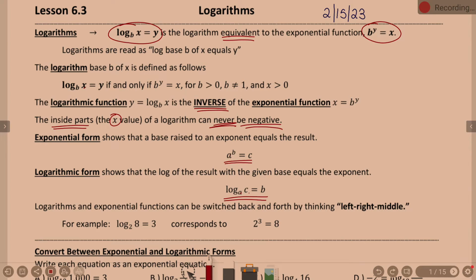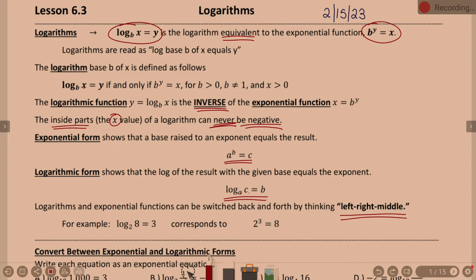Now, here's an example that'll probably make more sense than letters. Logarithms and exponential functions can be switched back and forth by thinking, and this is the phrase you'll hear me use, left, right, middle. Left, right, middle works if you're starting with a log and going to exponential form.